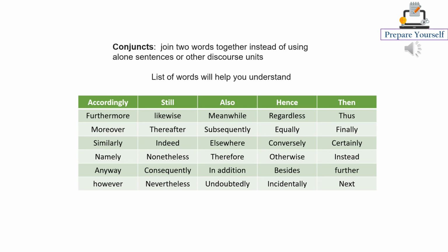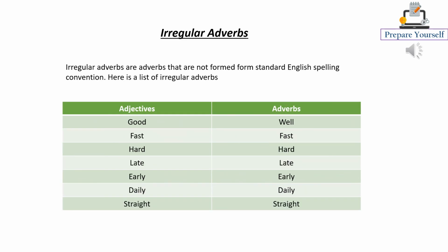Here I am giving you the list of conjunct words. It will help you to remember easily what a conjunct is. Like irregular verbs, we also have irregular adverbs. Have a look at the list of irregular adverbs and do remember these words also. They will help you.